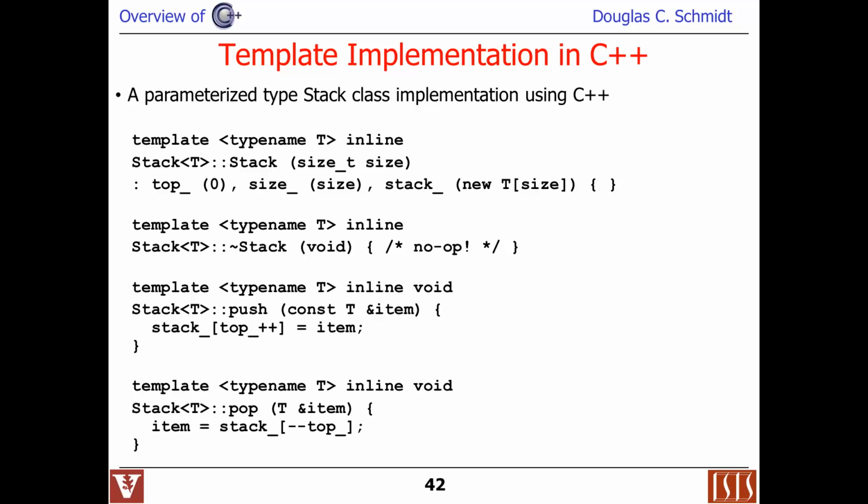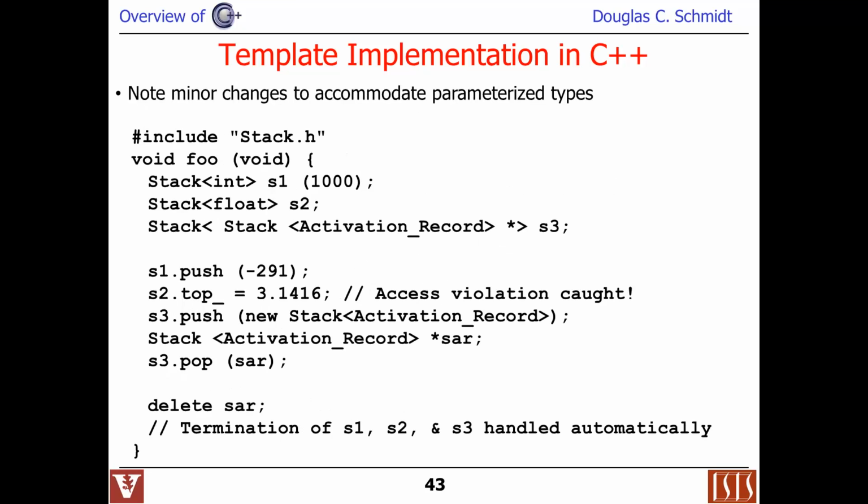So if you think about what it means to push or pop something on a stack, that's really independent of whether it's a stack of int, or a stack of float, or a stack of employee records, or a stack of double, or a stack of activation records, or a stack of whatever. The logic is exactly the same, and that's what templates are so good for. They're doing substitution of these formal parameters of type name T or whatever with the actual parameters passed in when you instantiate them. And we'll see an example in a second of how to instantiate this stuff.